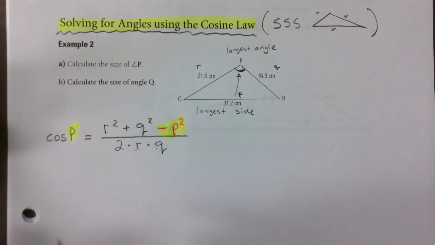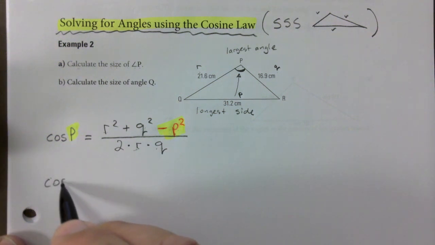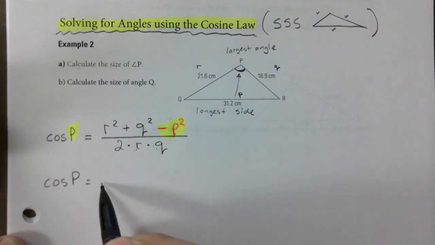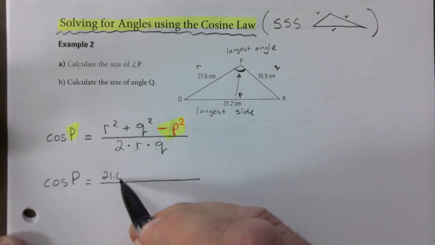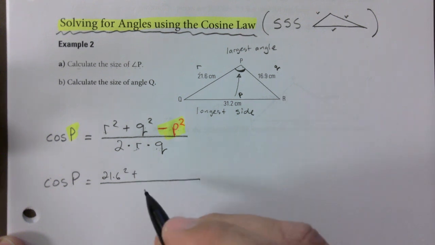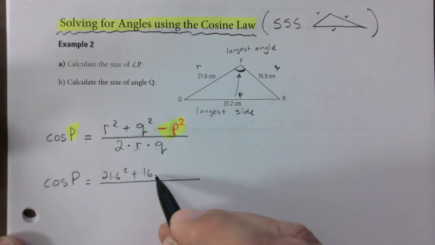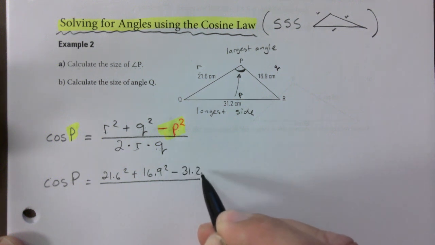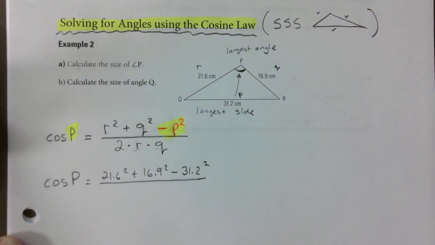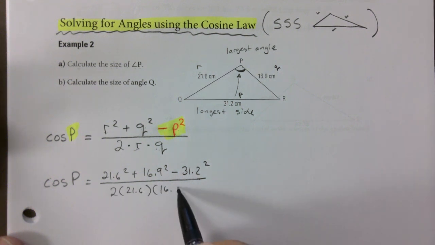P doesn't show up again. Cosine of P is equal to R squared plus Q squared minus 31.2 squared. And then at the bottom, it's just 2 times 21.6 times 16.9.